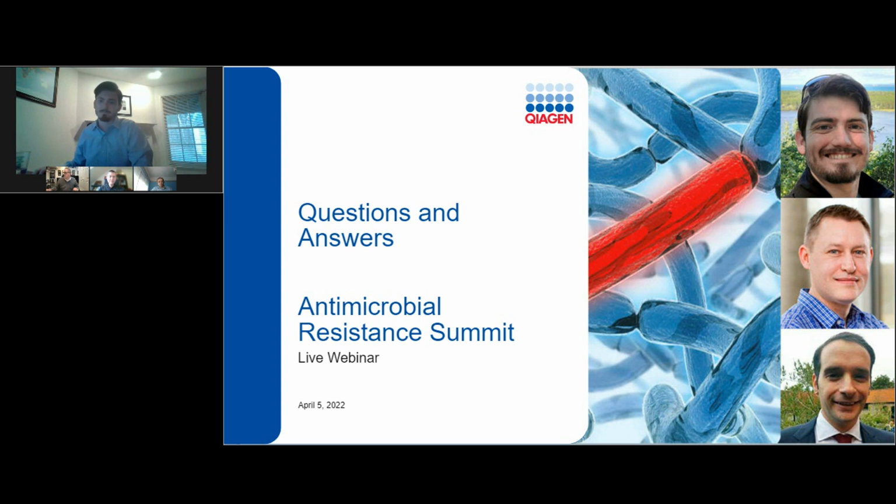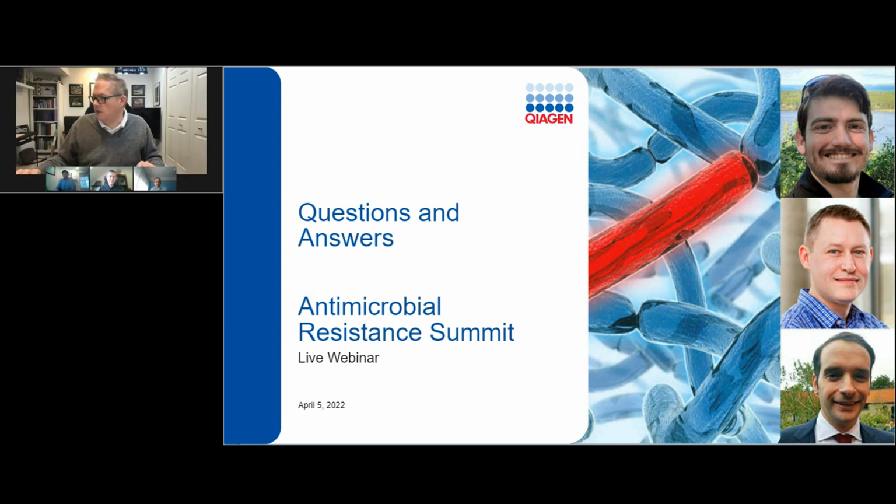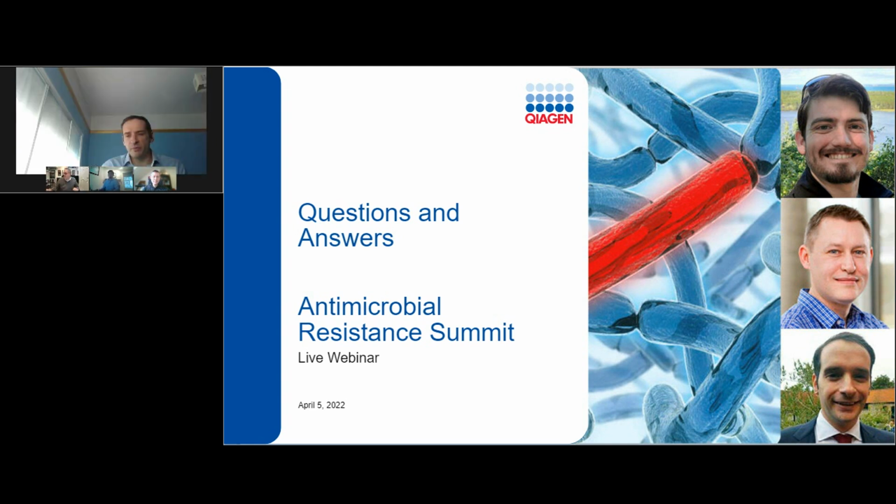Gotcha. All right. Next question is for Daniel. What kind of data input is allowed into the CLC Microbial Genomics Module? So in terms of sequencing types, we support the major sequencing technologies.